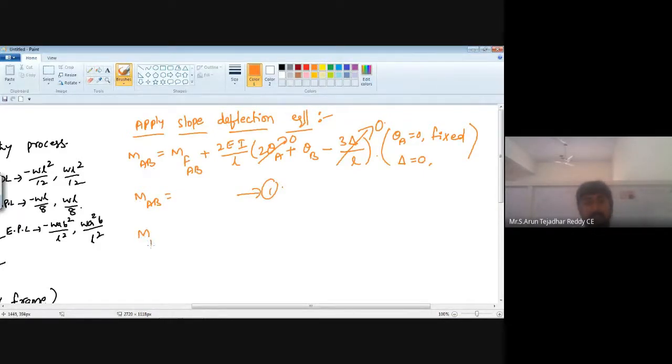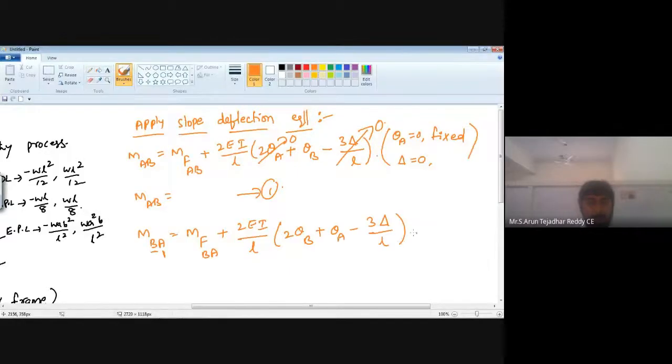Next, reverse, MBA. That is MFBA plus 2EI by L. First term is B, so twice theta B, plus second term is A, so just theta A, minus 3 delta by L. Here also, B to A, already you know that slope at A is 0 and delta is 0.